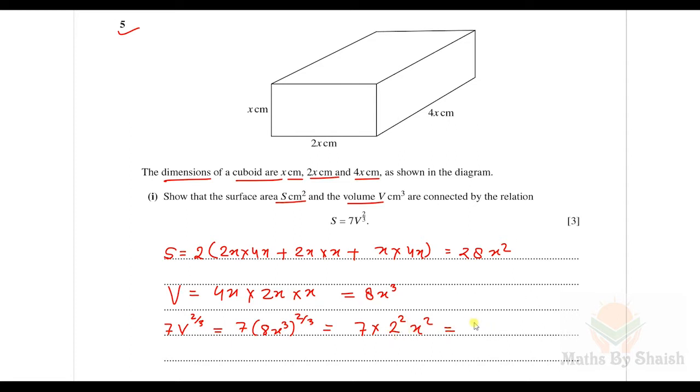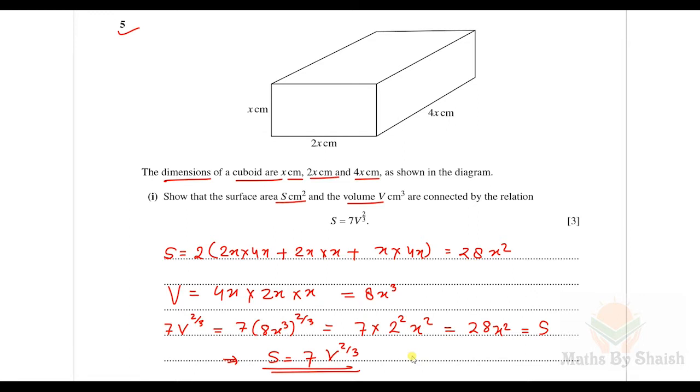So 4 times 7 is 28x square, which is the same as S, and hence S is equal to 7V to the power 2 by 3. So I hope it is clear. That is what we needed to prove.